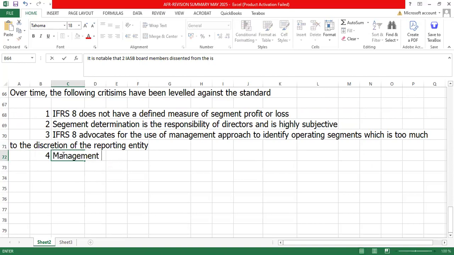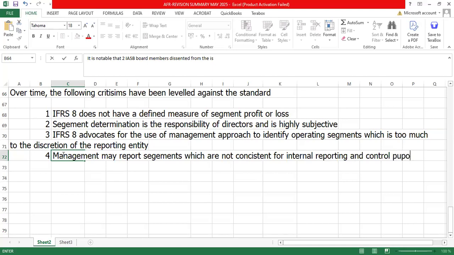Management may report segments which are not consistent for internal reporting and control purposes, making its usefulness questionable.